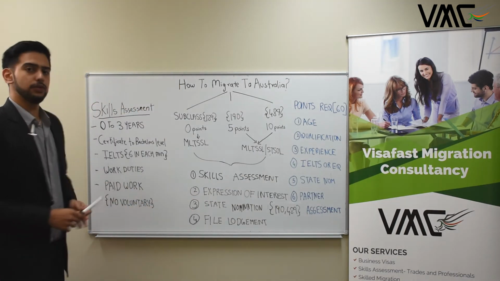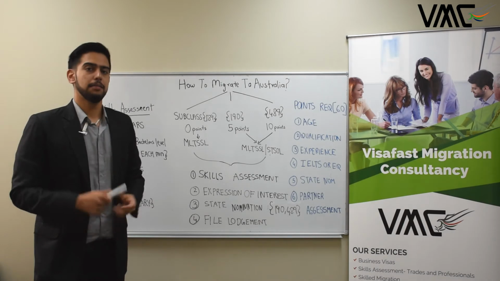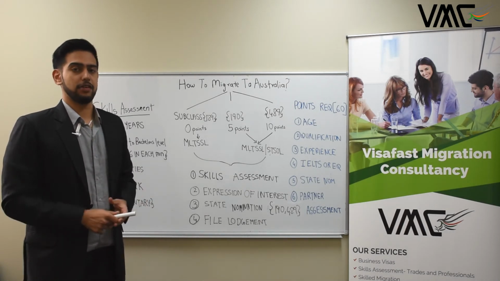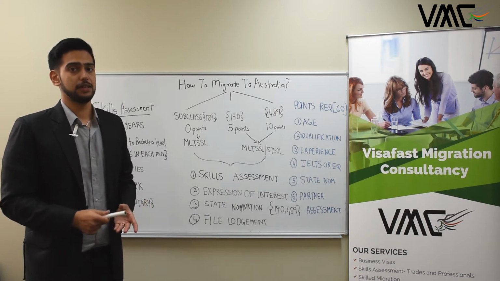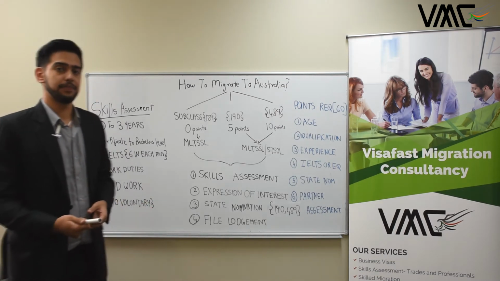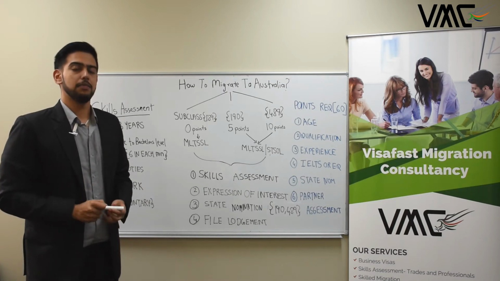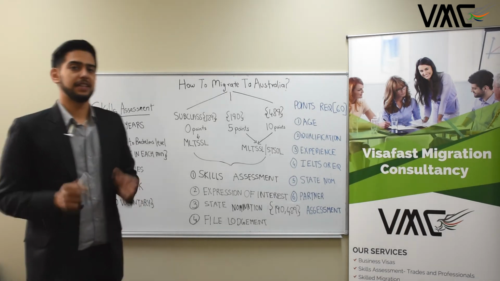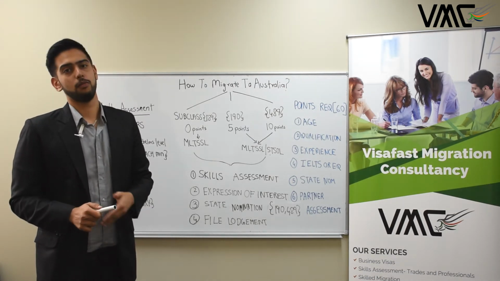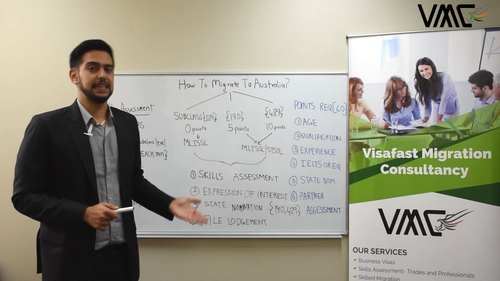Work duties also play a very important role. For example, if you're a restaurant manager or a hotel manager, the work reference letter provided by the employer and the duties matter a lot, because what the Australian government thinks of a restaurant manager's duties can be different from what an applicant in India thinks.